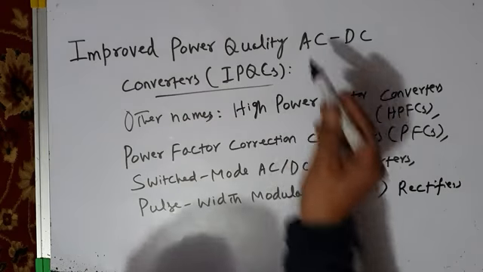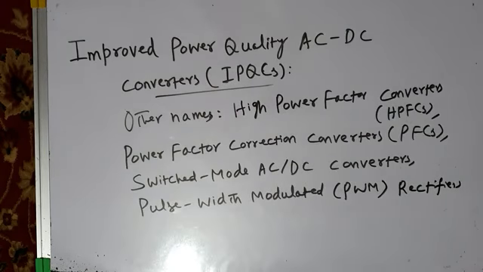Why are they called improved power quality AC to DC converters? Because these AC to DC converters, unlike conventional thyristor based and diode based AC to DC converters, always maintain a very good quality of power both at the input side as well as on the output side.